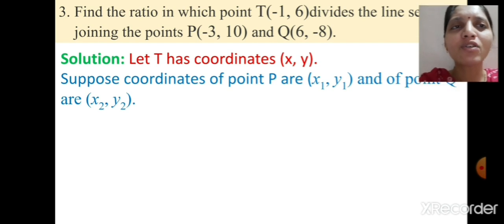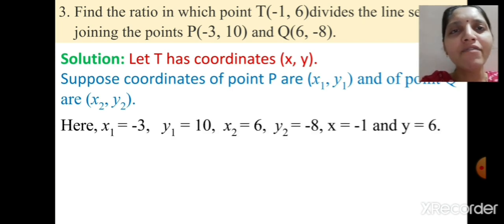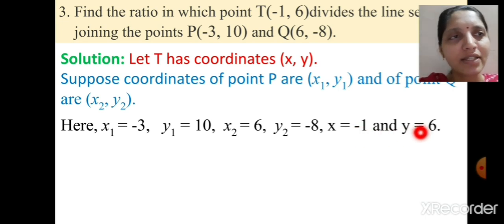Suppose coordinates of point P are x1, y1 and of point Q are x2, y2. Then what you will have? x1 is equal to minus 3, y1 is equal to 10, x2 is equal to 6, y2 is equal to minus 8, and x and y value is also known to us. So x is equal to minus 1 and y is equal to 6.